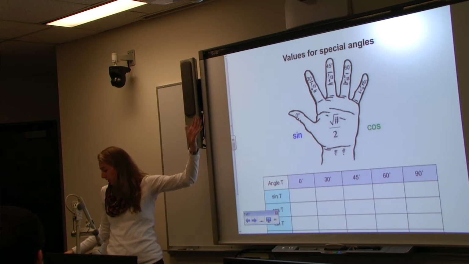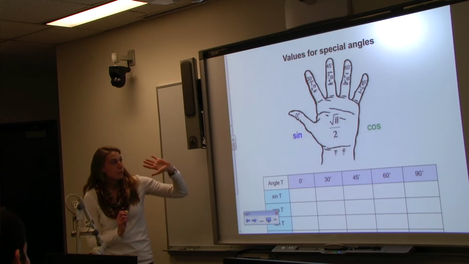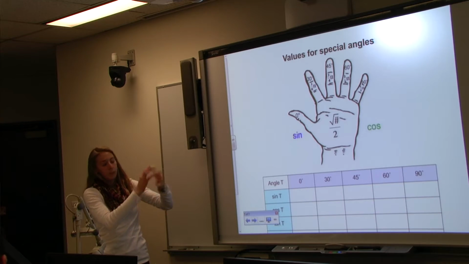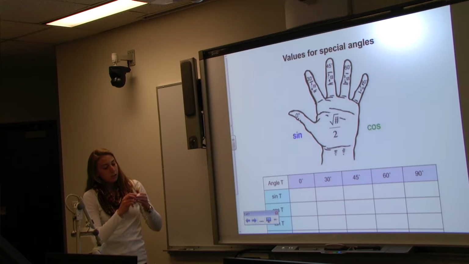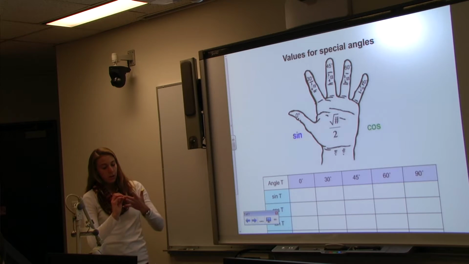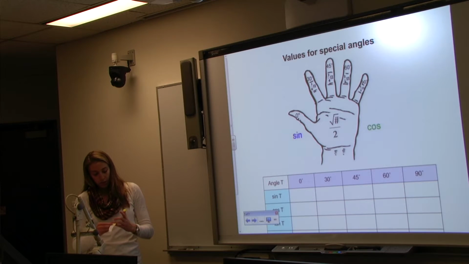So take your left hand. 0 on your thumb. 30 on your index finger. 45 on that grand middle finger there. 60 on that ring finger.